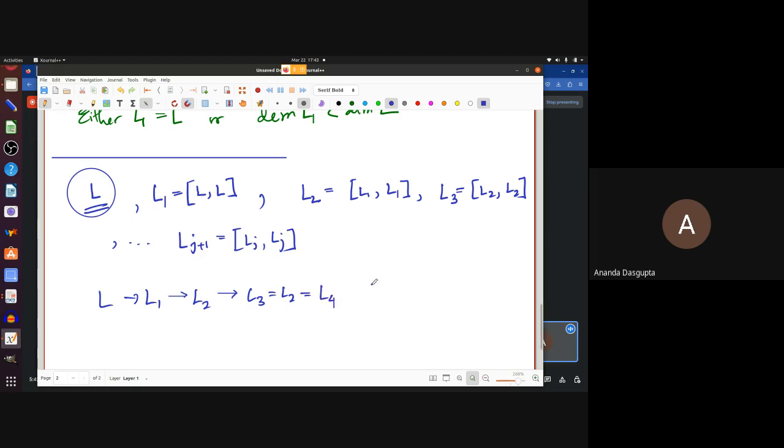L4 has to be the same, right? If L3 is L2, that means the derivative of L2 is L3. So L4, which is the derivative of L3, and L3 is nothing but L2, so it has to be L3 itself. And so on. Right? So this derivative series, the sequence that you are going to get, stabilizes at some value.